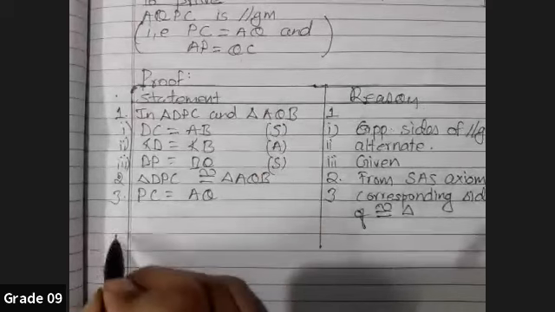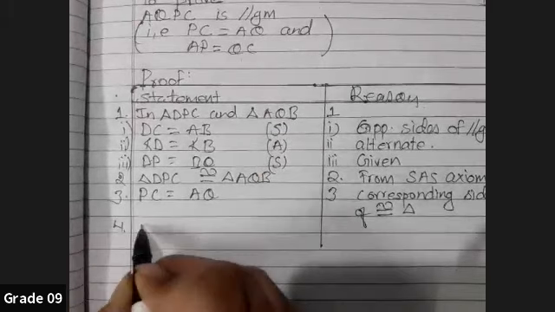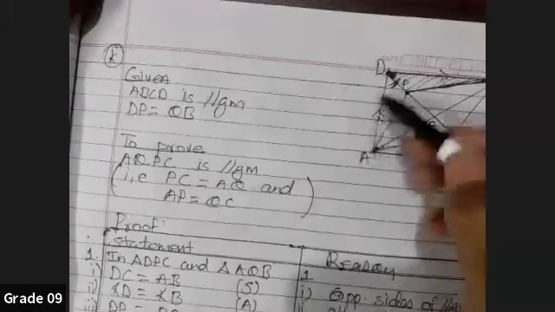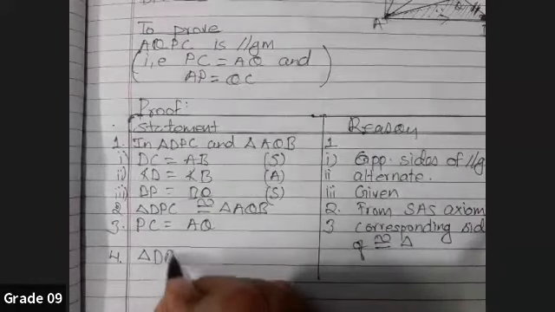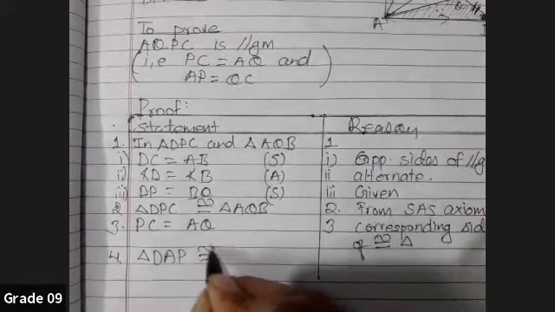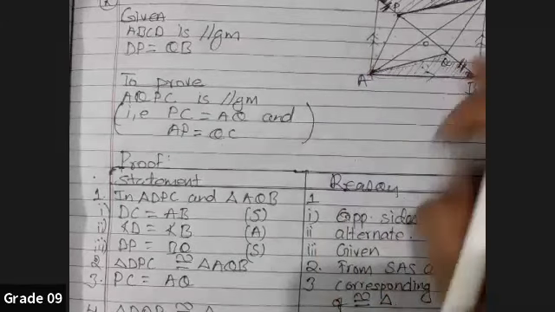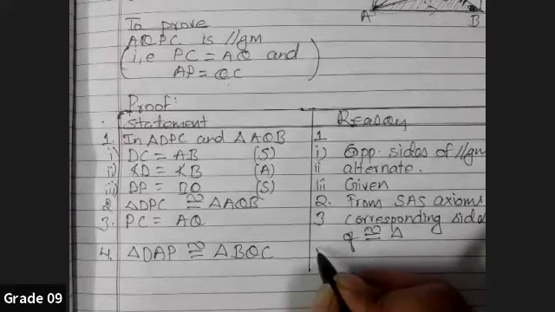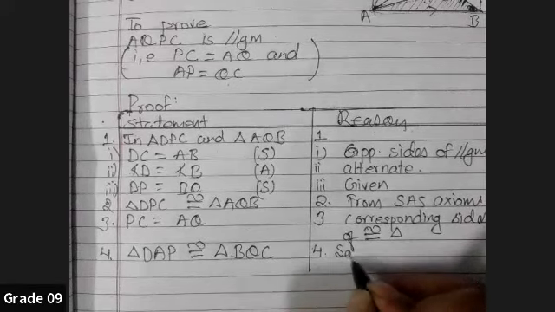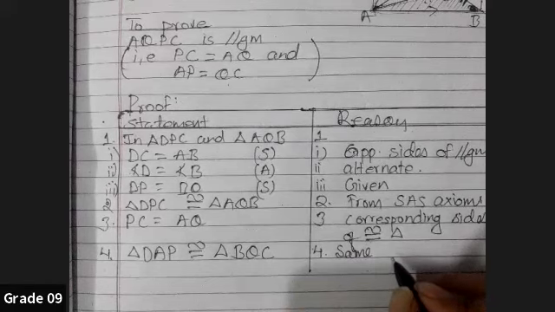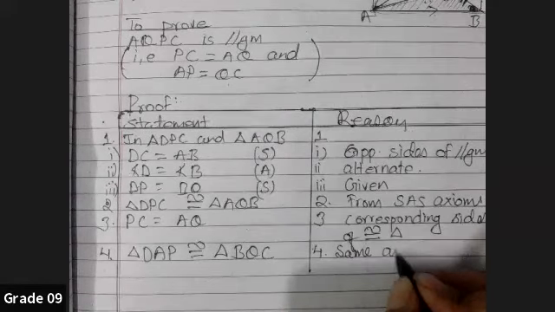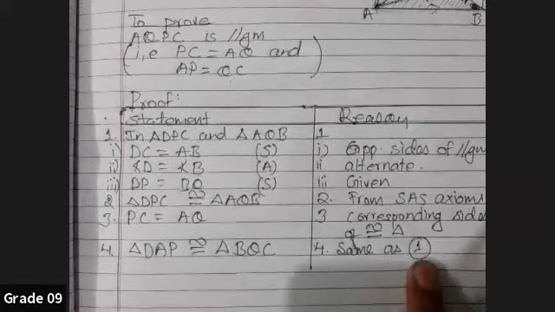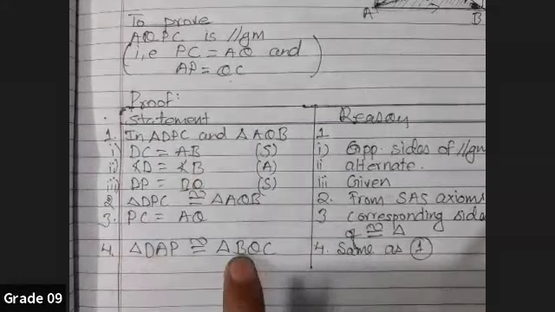You can simply write triangle DAP is also congruent to triangle BQC, same as one. This will be proved the same as one.